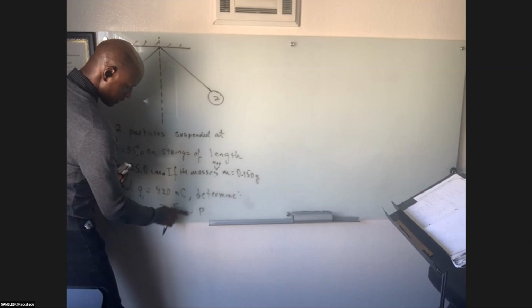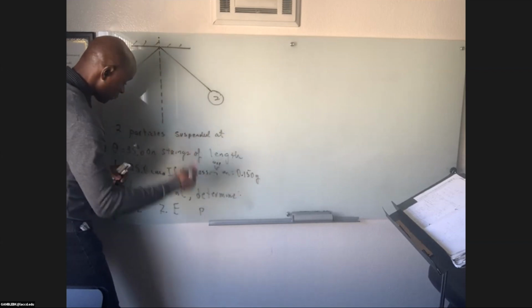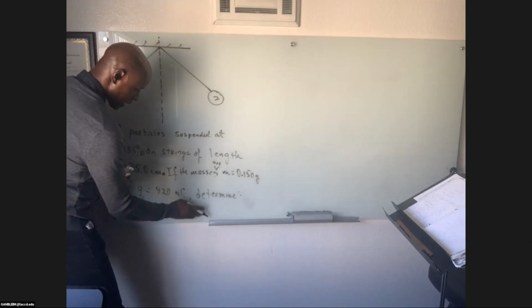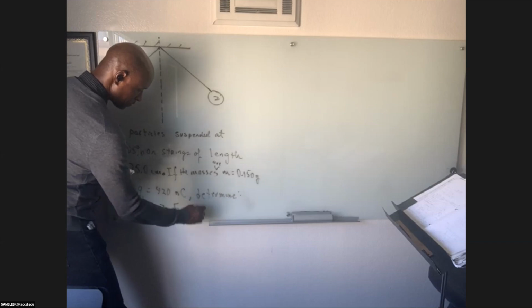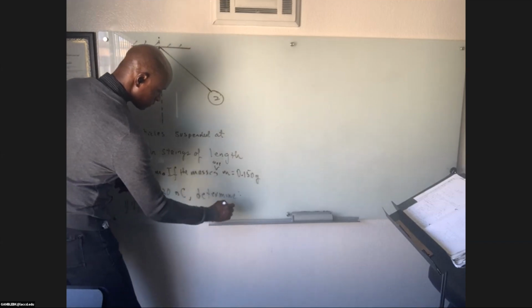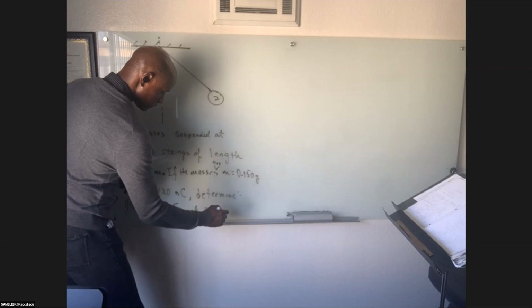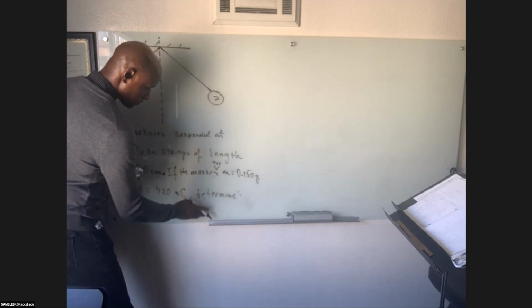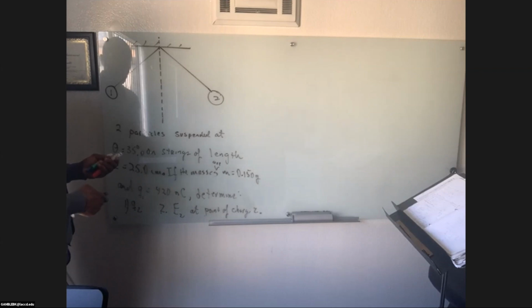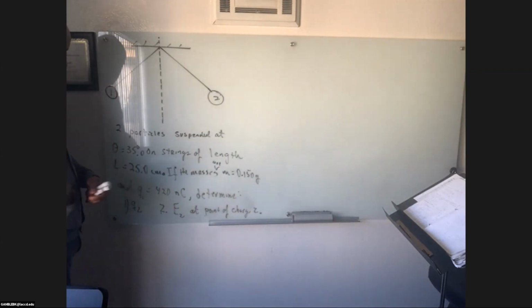In fact, let's call it E2, the field at point 2. So, two charged particles suspended at 35 degrees with strings of length 25 centimeters.